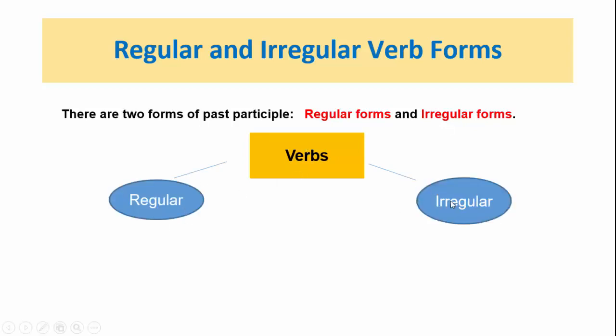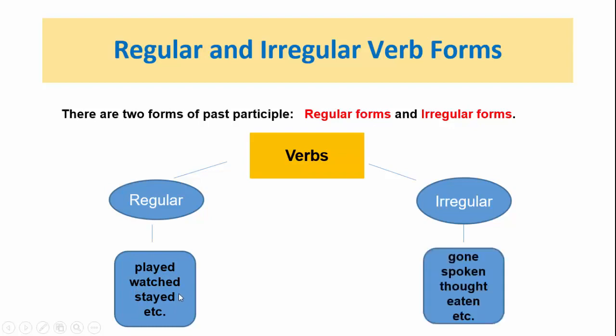With the regular verb, you know we have to add ed, such as played, watched, and stayed. Irregular verbs, as you know, they change. They have a different form in the past participle form, such as gone, spoken, taught, and eaten.